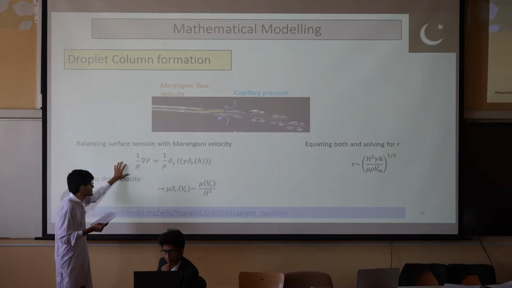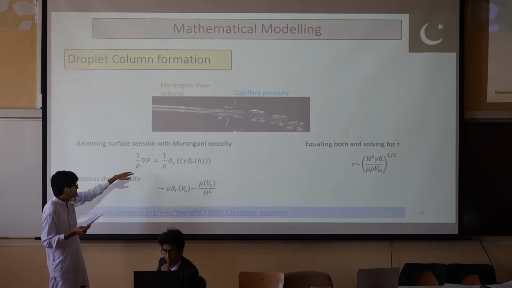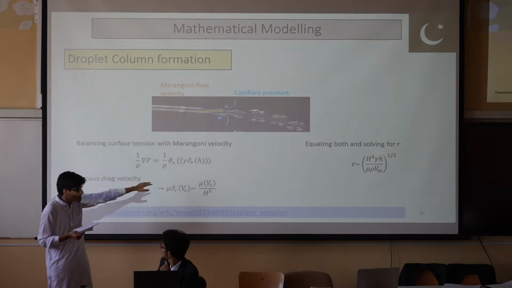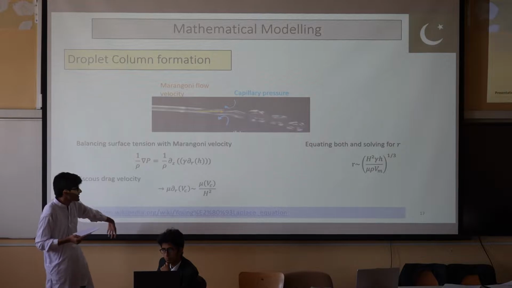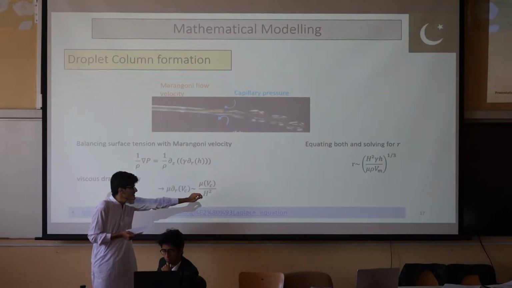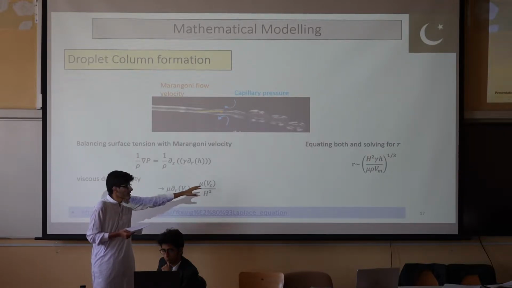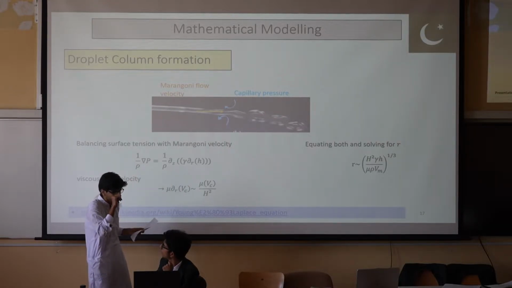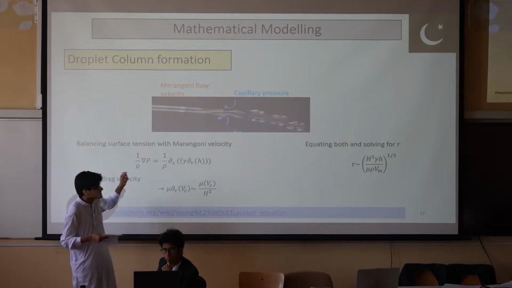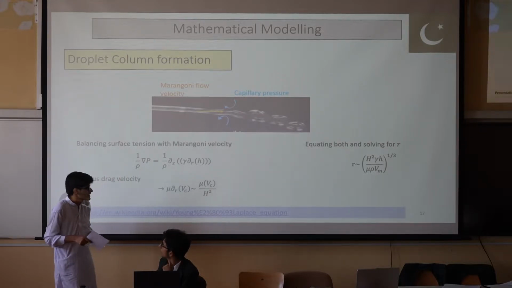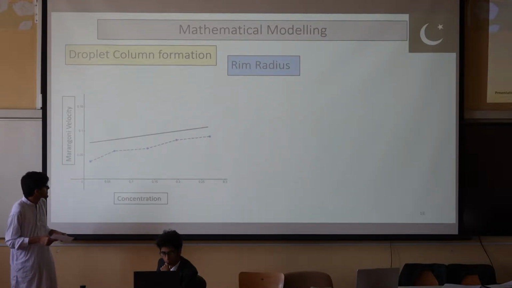So by using the Young-Laplace equation, we can set the surface tension and the Marangoni velocity equal to each other, and by further introducing viscous drag and solving this equation, we can come up with a value for the rim radius, which is the radius of this circular rim of critical concentration 0.35 that encapsulates the entire mother droplet. Next slide.